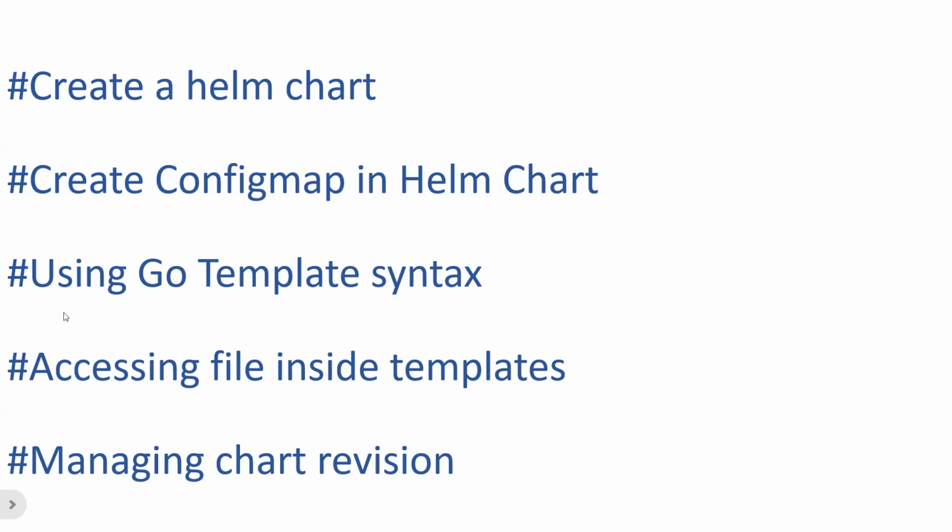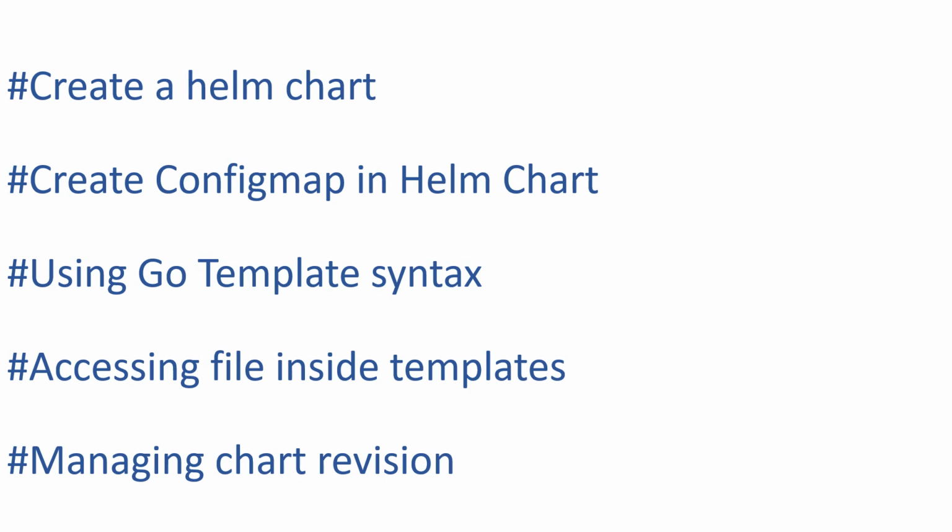Then after this, we will explore the Go template syntax. We will modify the index.html in the configmap.yaml and add the parameters in the values.yaml file. Then we will see how to access the files inside the templates.